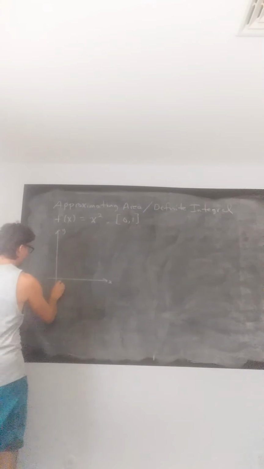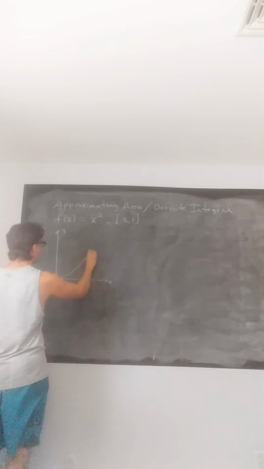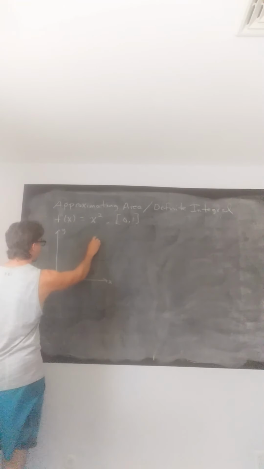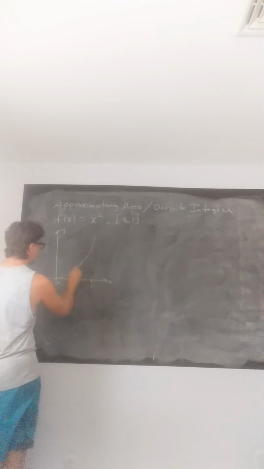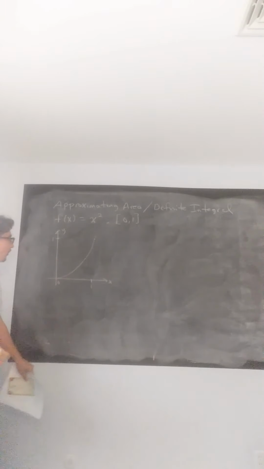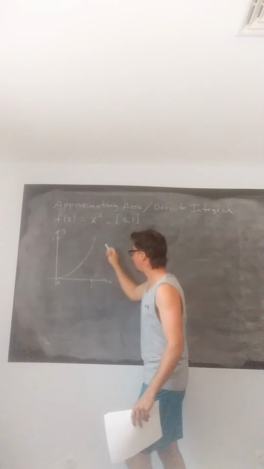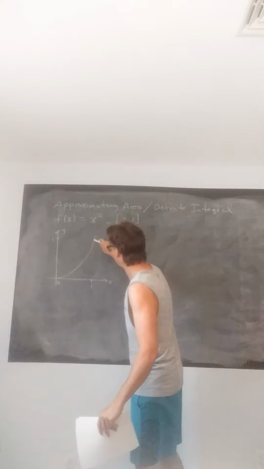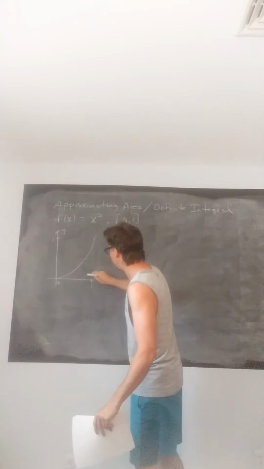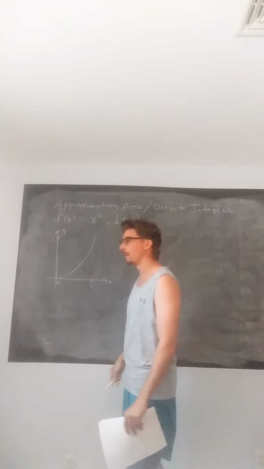I think we all agree the curve looks something like this. What is the area underneath this curve, all of this inside here?